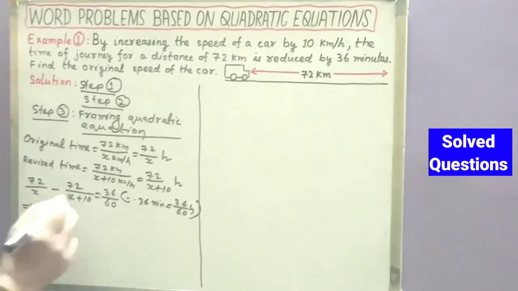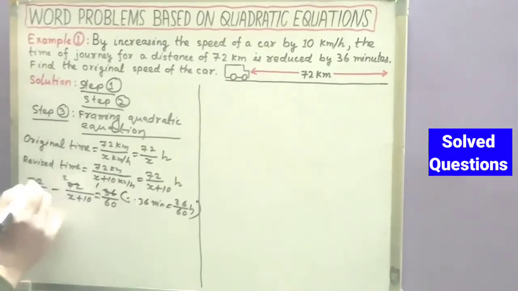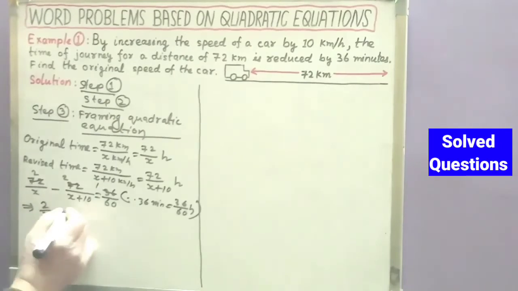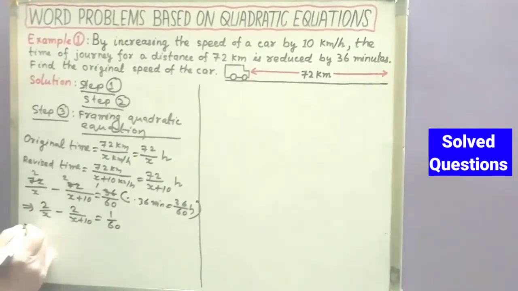That implies that 2 upon x minus 2 upon x plus 10 equal to 1 upon 60.